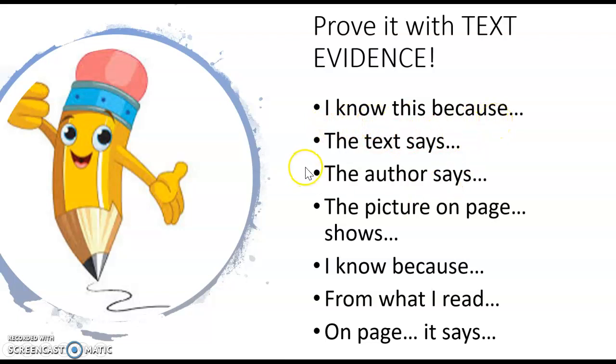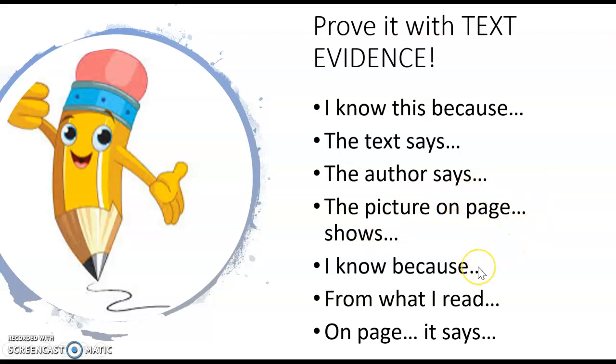You might say, the text says, or the author says, the picture on page blank shows, because yes, a picture is text evidence. You can talk about a picture or a photograph. You can talk about a graph or a chart, because that is also part of the text.